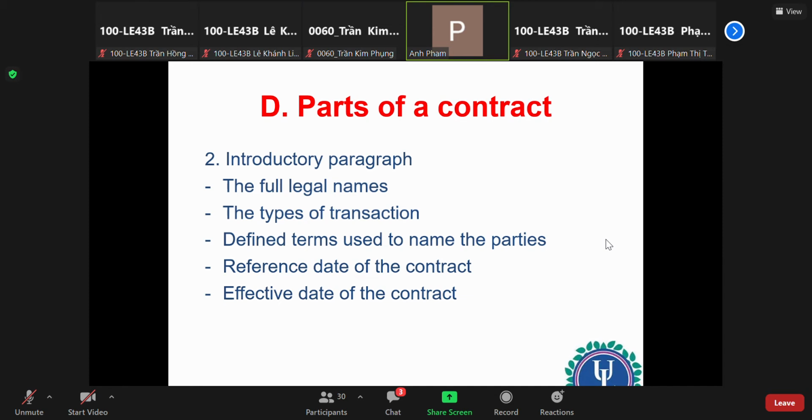If it is the name of an individual, you need to give the full name. Here is the legal name, the name on the identity card, not the name people usually call you. You may have two names, both of them official, and people can use the two names to call you.